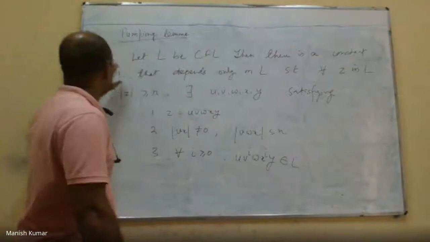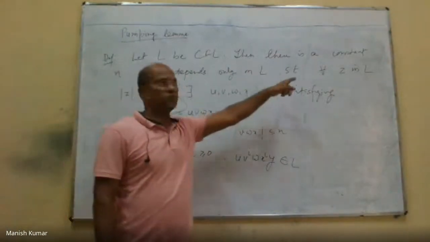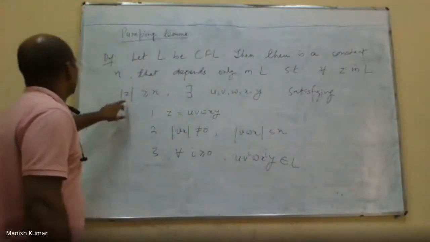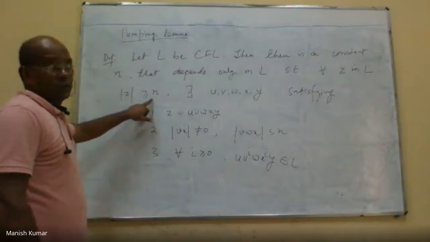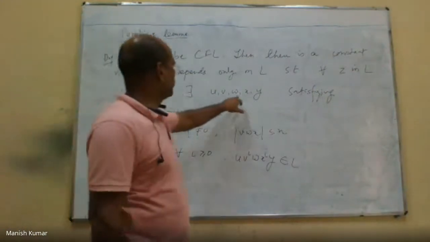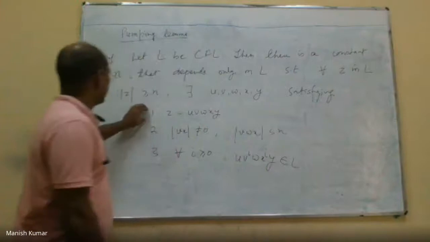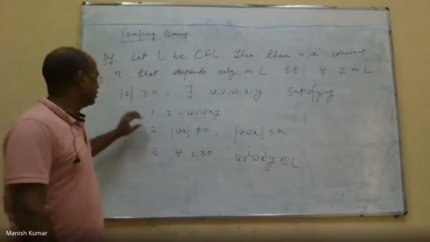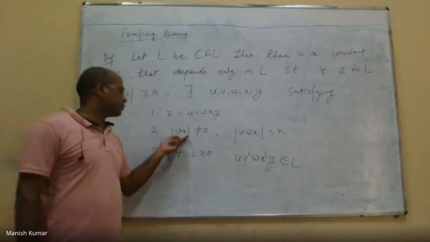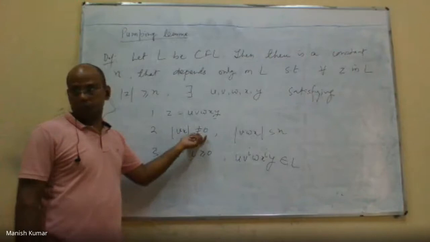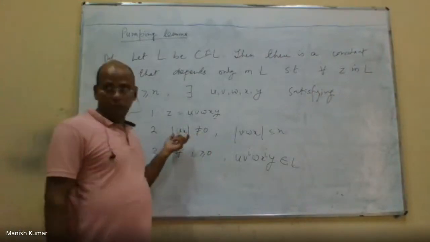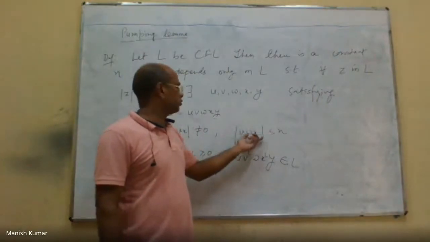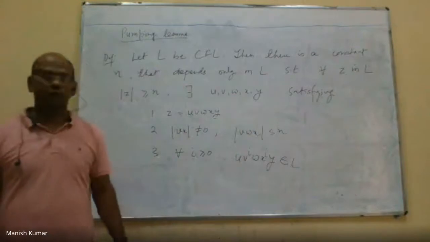Then there is a constant n that depends only on L, such that for all z in L with length of z greater than or equal to n, there exist u, v, w, x, y satisfying that z can be expressed in the form u v w x y, where the length of vx should not be 0, so it is non-empty, and the length of vwx is always less than or equal to n.